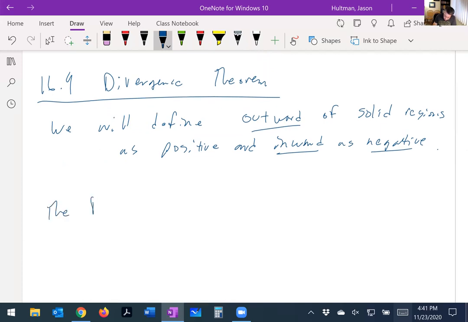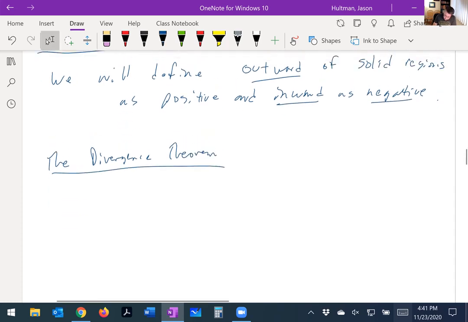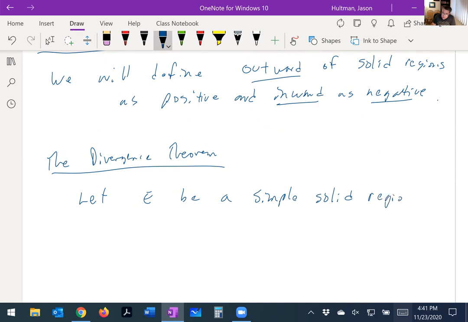Okay, the divergence theorem. Let E be a simple solid region and S be a boundary surface. So we're just taking these concepts and we're going to go to the next dimension.